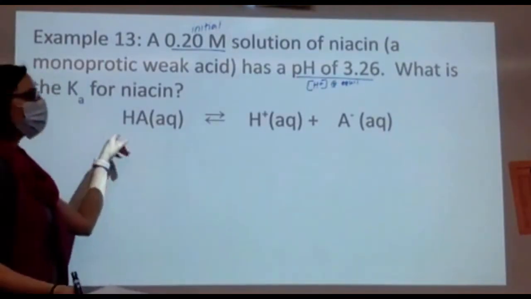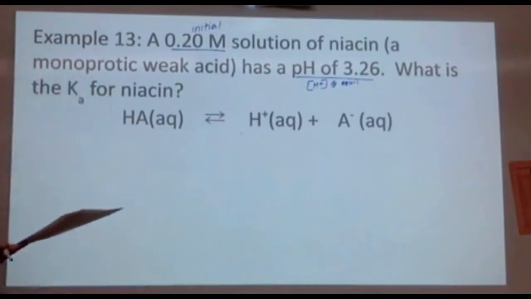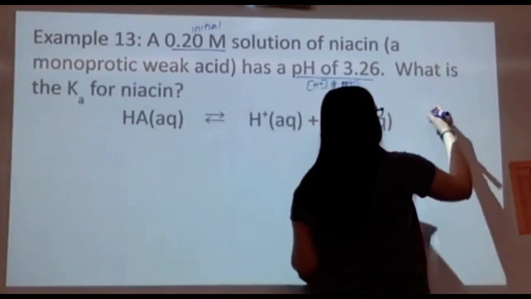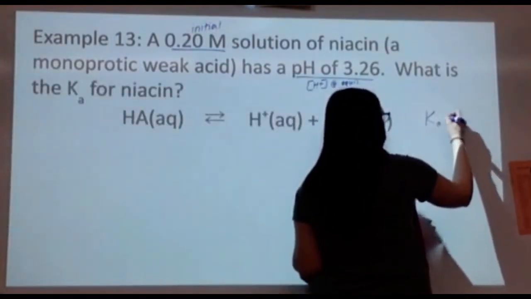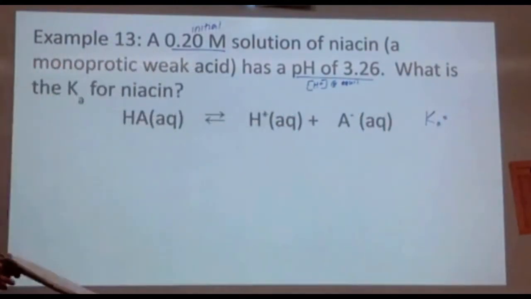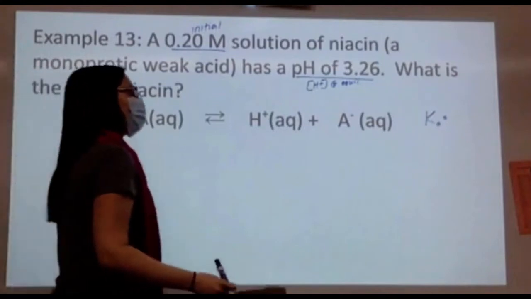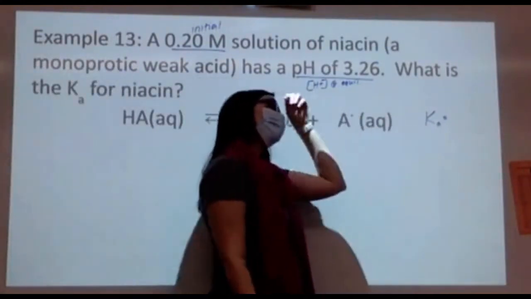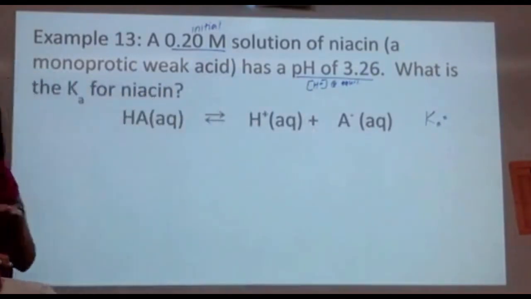So the first thing you want to make sure to do is write down the acid dissociation equation. I know that this is an acid, so I will be using Ka. In this case, it wants me to solve for Ka, but there are times when we're solving for something else. So I like writing Ka over here just so that I remember that this is an acid equilibrium problem.